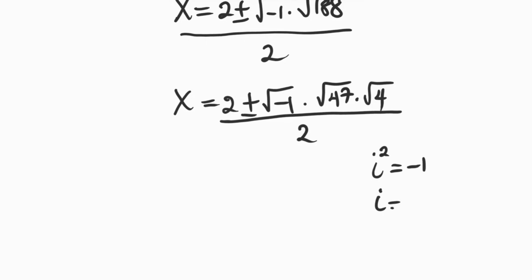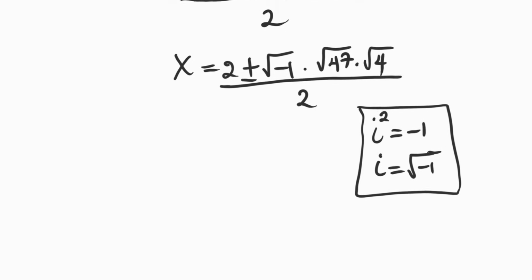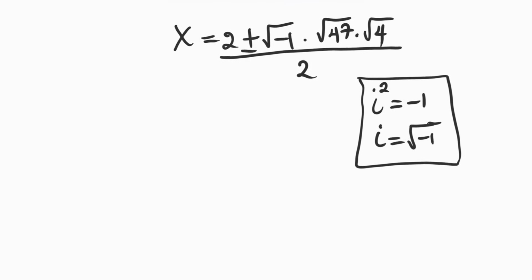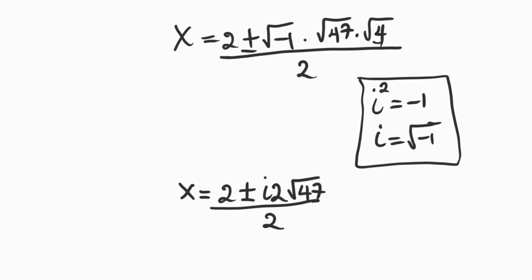So i is equal to the root of minus 1. So where we have square root of minus 1, we're going to represent it with the letter i. So now x is equal to 2 plus or minus i. Square root of 4 is 2, root 47, divided by 2.